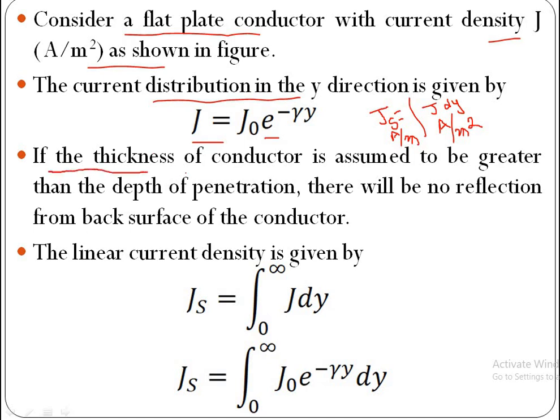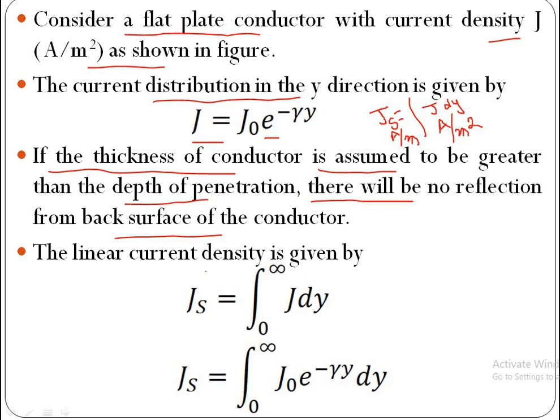If the thickness of the conductor is assumed to be greater than the depth of penetration, then there will be no reflection from the back surface of the conductor. So here the assumption is conductor thickness is greater than the depth of penetration, hence there is no reflection of wave.